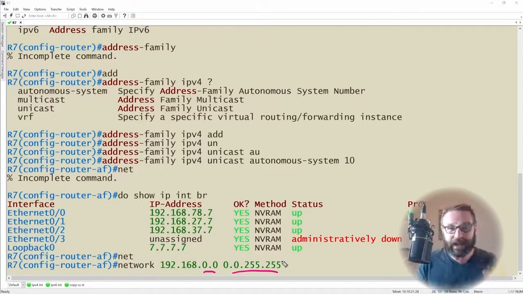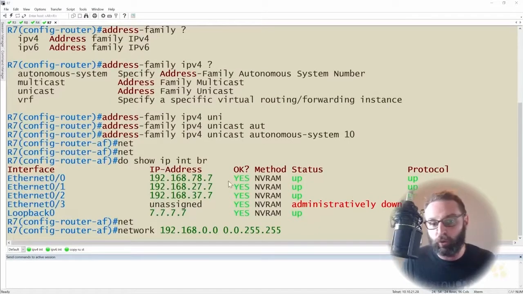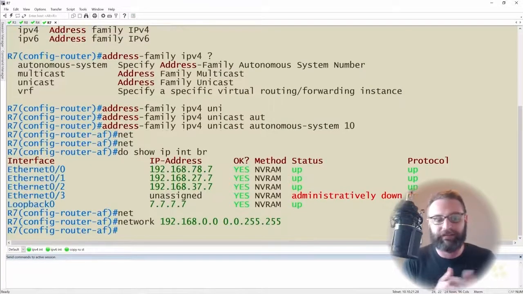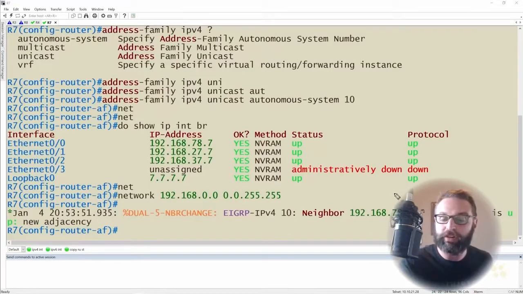The big thing that we're taking away from this is that EIGRP runs on the interface that is matched by the wildcard bits. So by specifying just the 192.168 and then anything wildcard mask, it's going to turn EIGRP on for my 3 interfaces. And just like that, it forms a neighbor adjacency right there between router 7 and router 8. That's what this third octet is specifying right here.